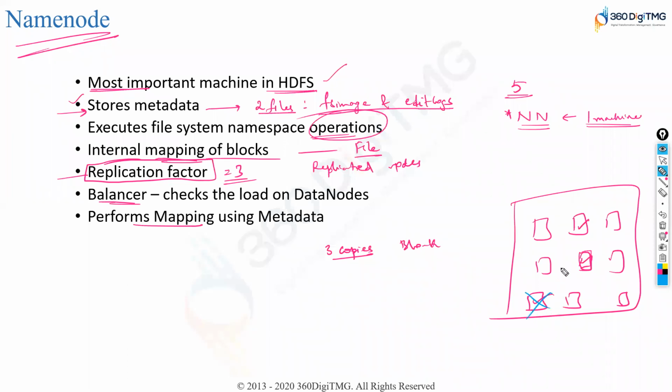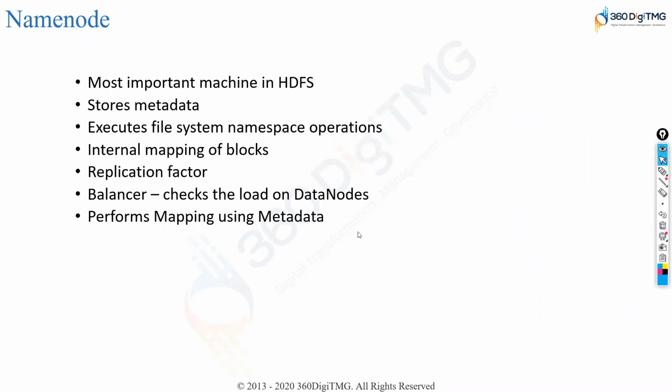At any given instance, there should be 3 replicas. That fault tolerance is managed by name node. So it identifies that the node has failed and it will create replication immediately. 3 copies should be there, not just 2. Remember that.